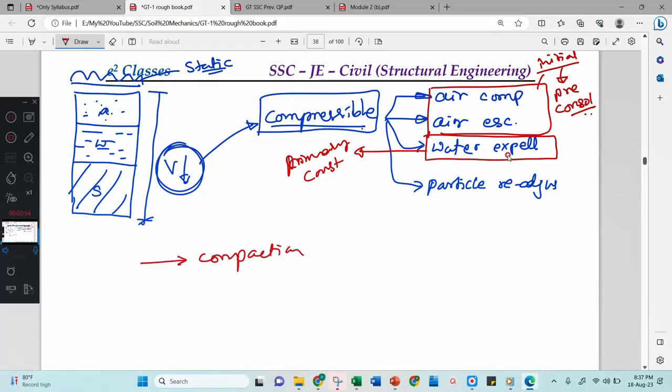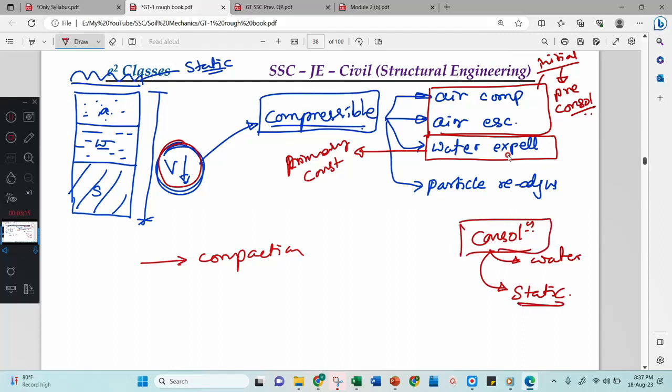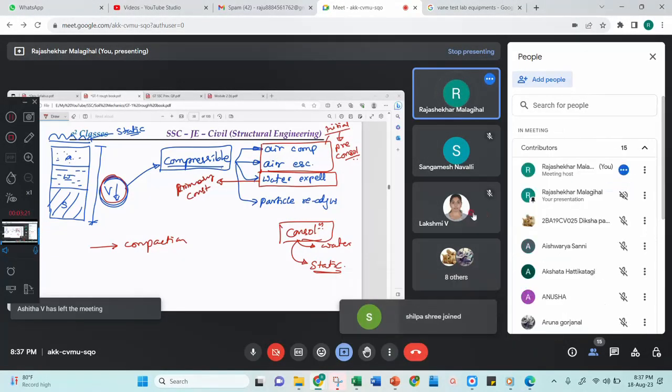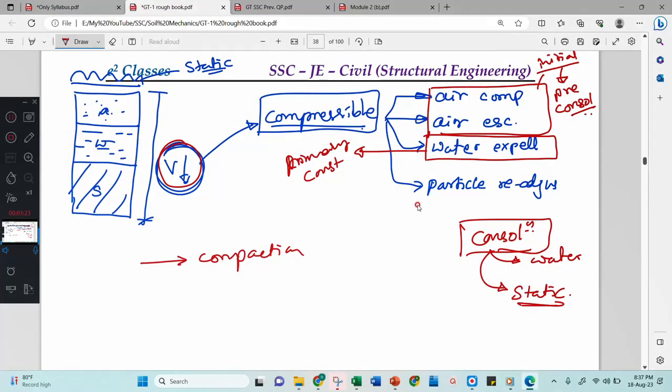The term consolidation is dedicated to water expulsion, and it is dedicated to static load. If you are decreasing the volume by using a static load, then I can say that is consolidation. But air compression and air escape cannot be done by static load.